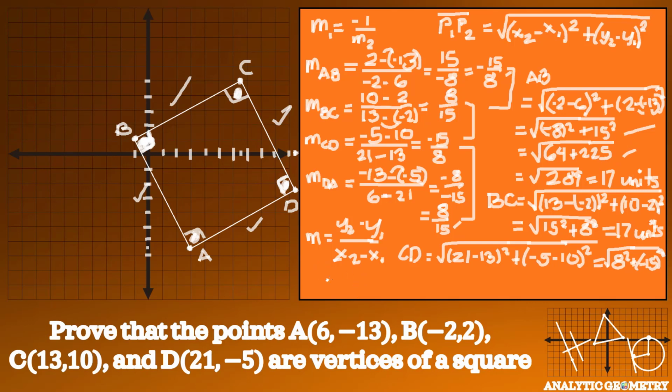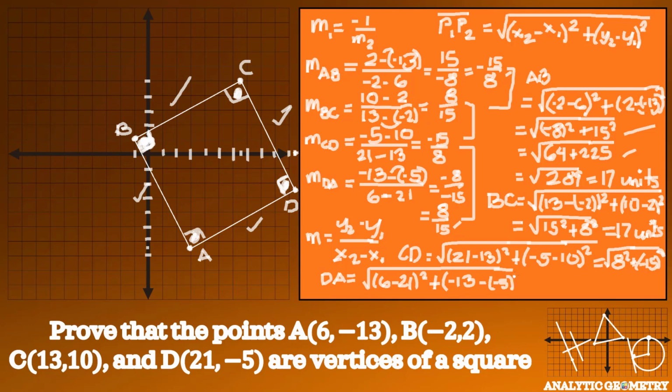And finally, for your DA or AD, square root of, let's have A as our second point. So x sub 2 is 6 minus D, which is 21. You square that, plus your y sub 2, which is negative 13, minus your y sub 1, which is negative 5.